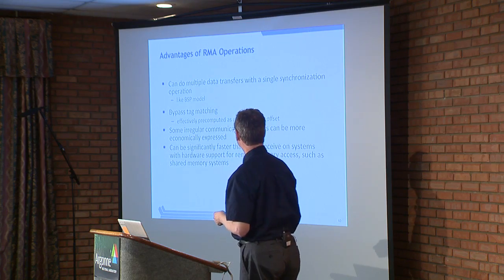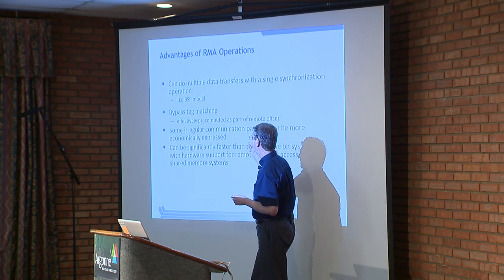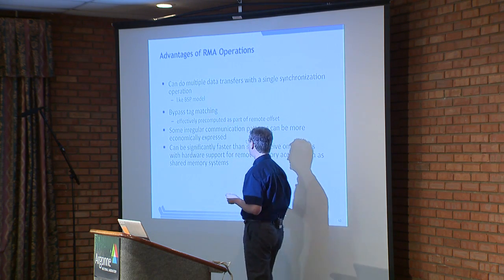And good remote direct memory access hardware can handle all of that for you. People have been working at building hardware that also does tag matching; this is much harder. It's a much more complicated thing to do.